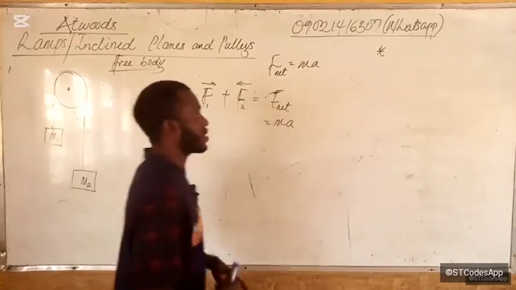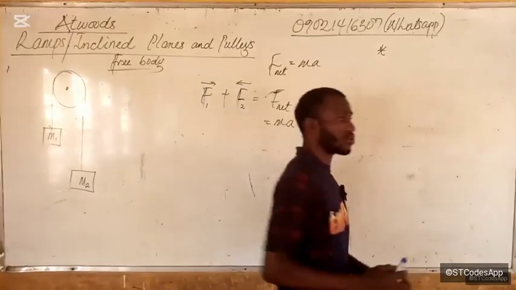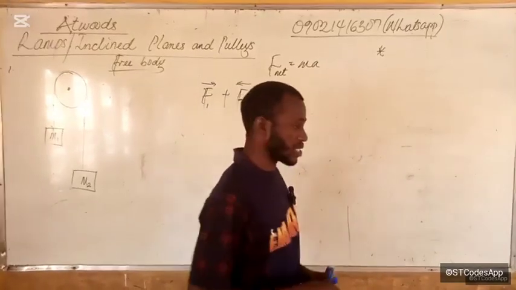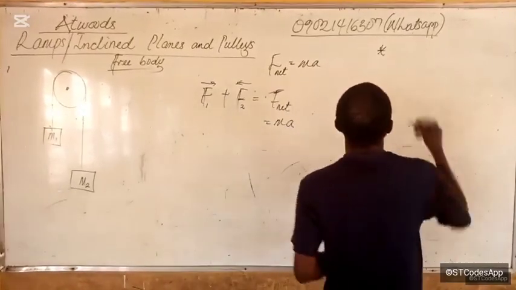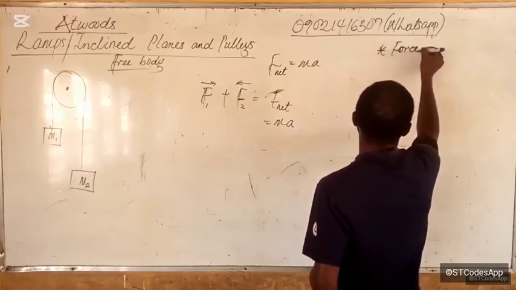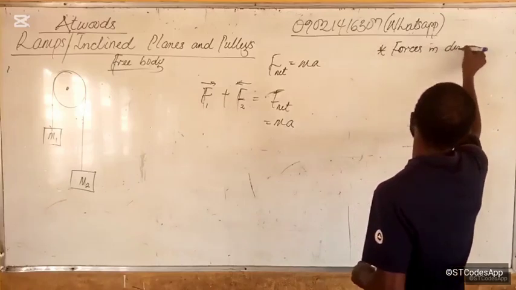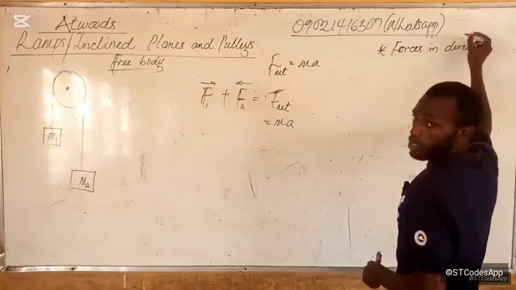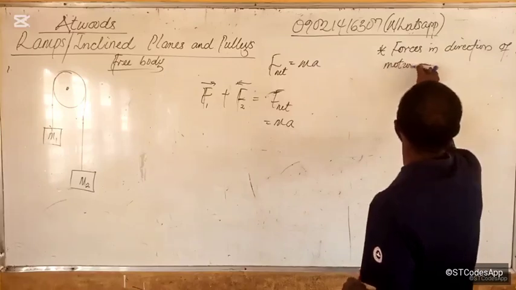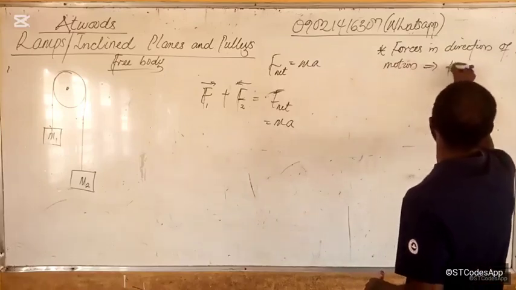Do you understand? Right. So the first thing you should take note of when drawing a free body, or when getting the sum of forces acting on the body, is that any force in the direction of motion is going to be positive.